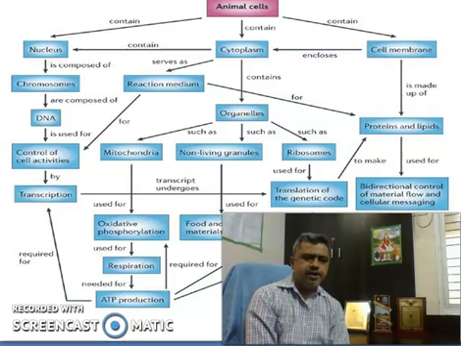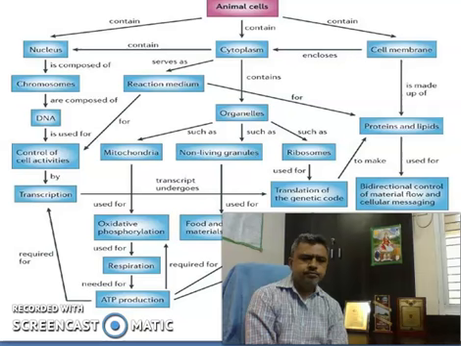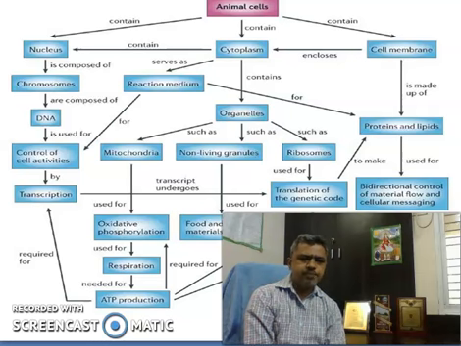Animal cells contain first a nucleus as well as a cell membrane. Animal cells also contain cytoplasm, and that cytoplasm serves as a reaction medium for controlling cell activities.